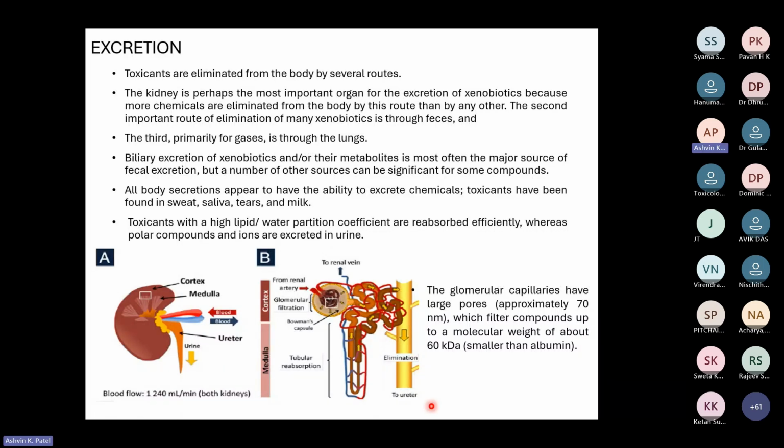The glomerular capillaries have large pores, approximately 70 nanometers, which filter compounds up to a molecular weight of about 60 kilodaltons. It's smaller than albumin. So lower molecular weight compounds are excreted or filtered directly through glomerular filtration.